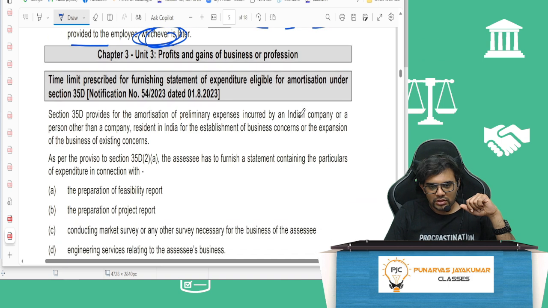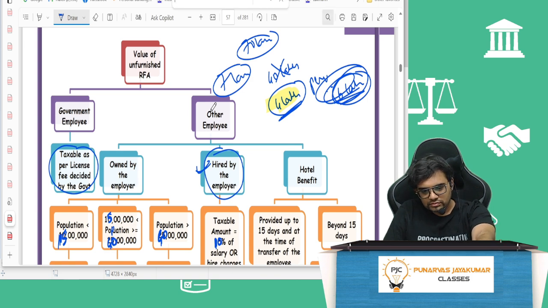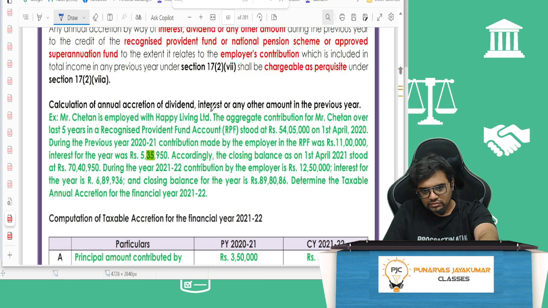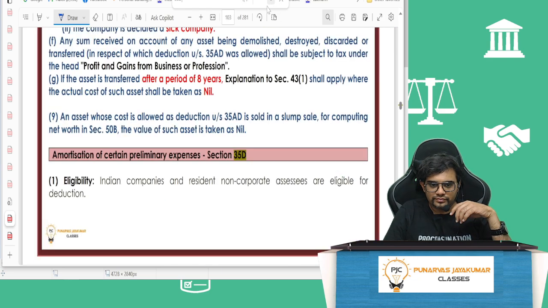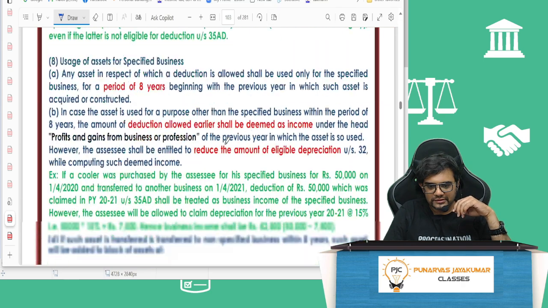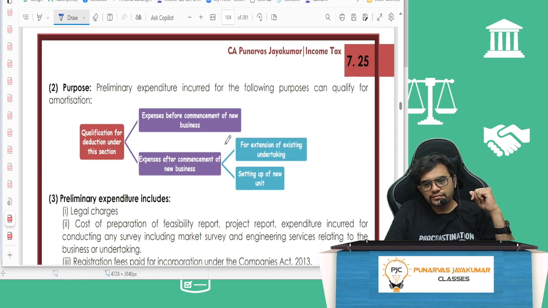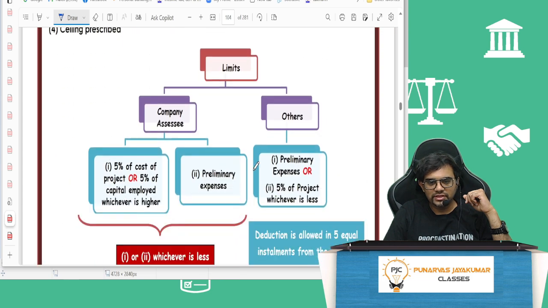Done. Next, under 35D, amortization of preliminary expenses. Let's see the notes, page 7.24. Amortization of preliminary expenditure: expenses before commencement of new business and after commencement of new business for setting up of a new unit or existing undertaking, whatever the case may be.